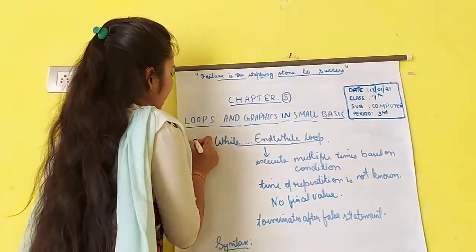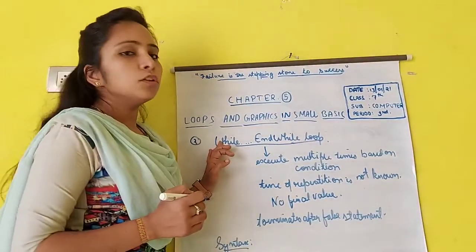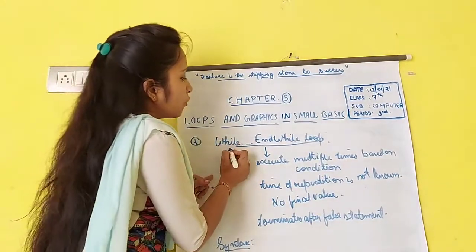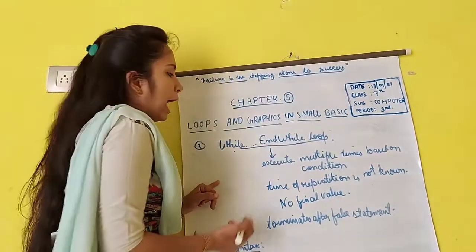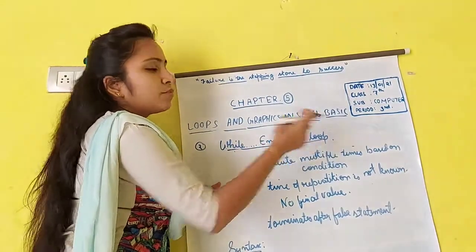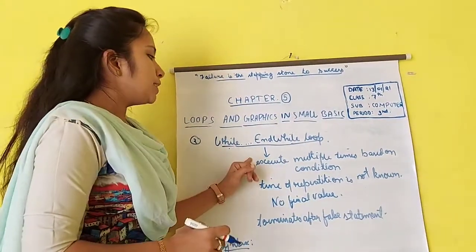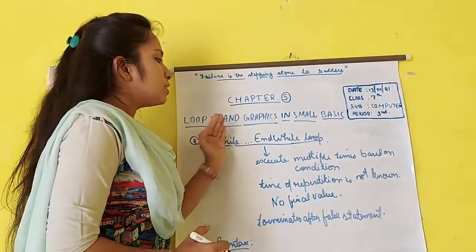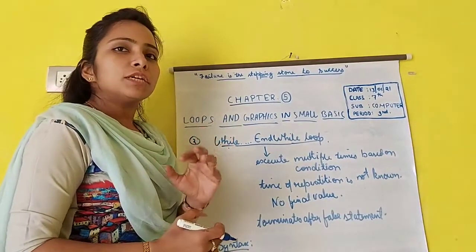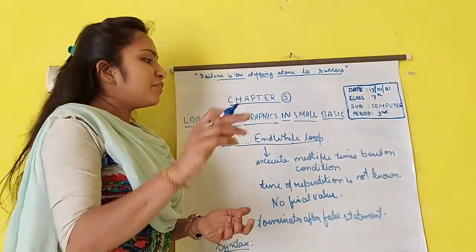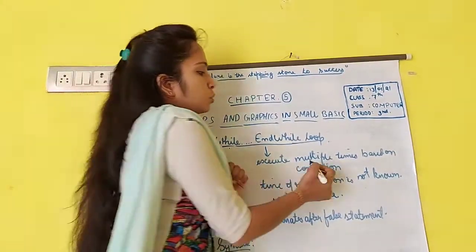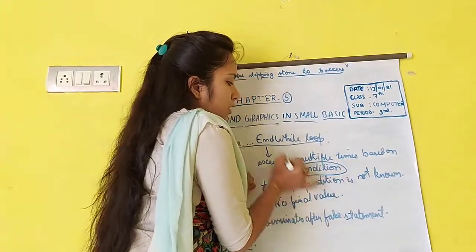Okay, now the second type of loop we are going to study is the while and end while loop. The first one was for and end for loop and the second one is while and end while loop. Now students, see, this will also execute a particular statement a number of times like the for loop. But the difference here is this will be based on a condition.